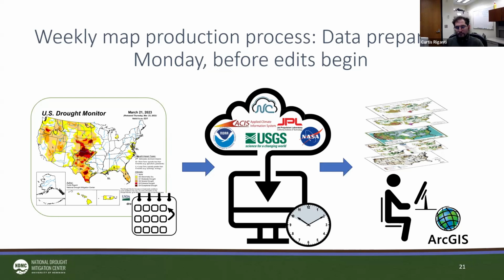All of that data then, all of the different types of indices and indicators that we look at will then be downloaded from different sources. Again, for the US Drought Monitor, we're data users, not necessarily data creators, other than creating the US Drought Monitor product. So we're pulling in all these different types of data sets and then loading the percentiles of those into our GIS framework.